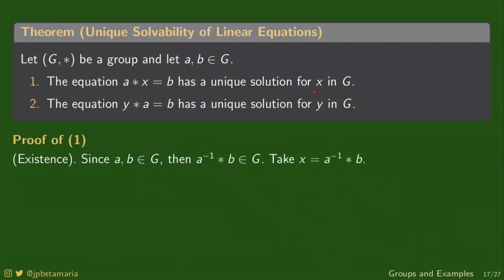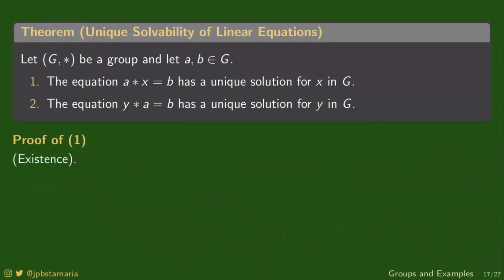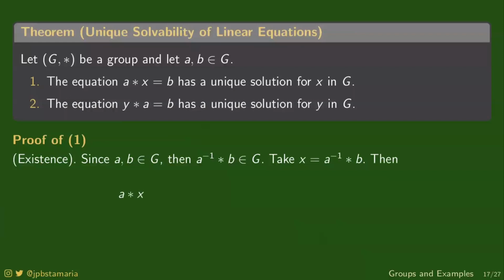Remember, the solution must be in G. Kasi baka bigla kayong magtaka, paano mo naisip sa yung A inverse times B? The truth is, ginawa ko na siya beforehand. Did you understand? Pinapakita ko sa inyo insight kung paano naiisip yung mga proofs. Okay. We will show that this X will actually work.